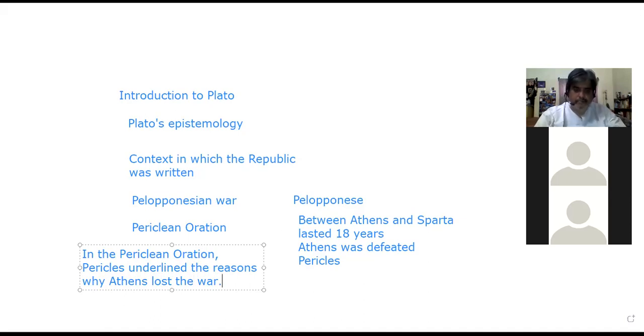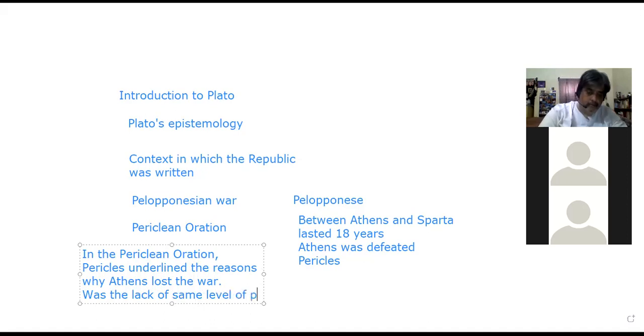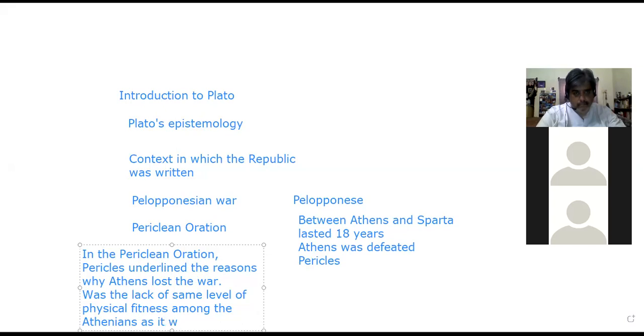And one of his prime reasons was the lack of the same level of physical fitness in the Athenians as you found in the Spartans.